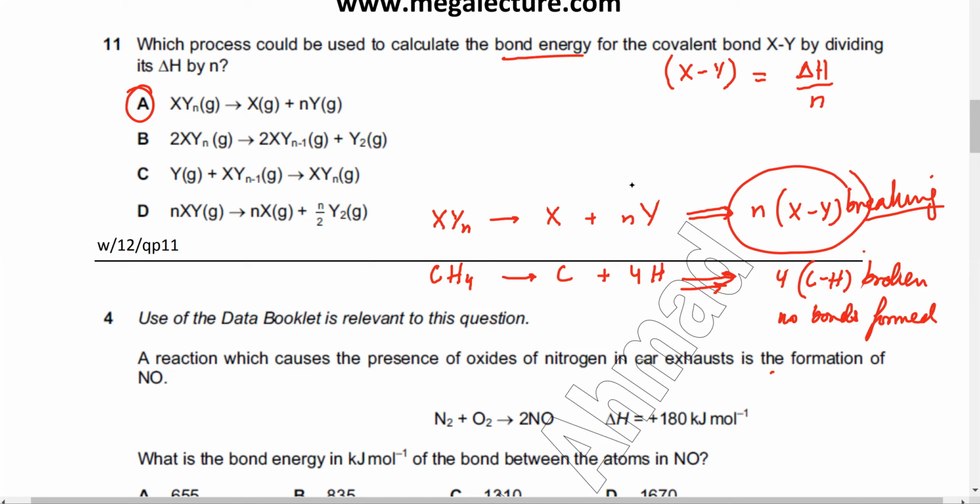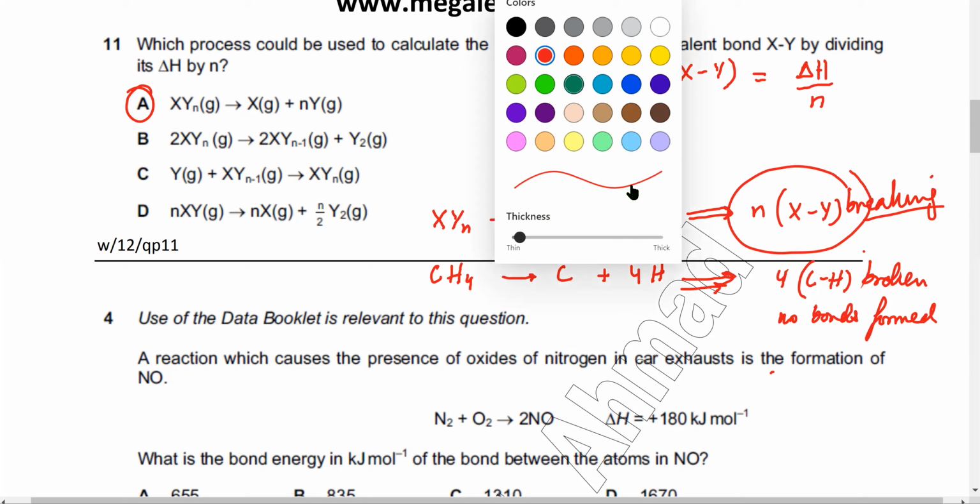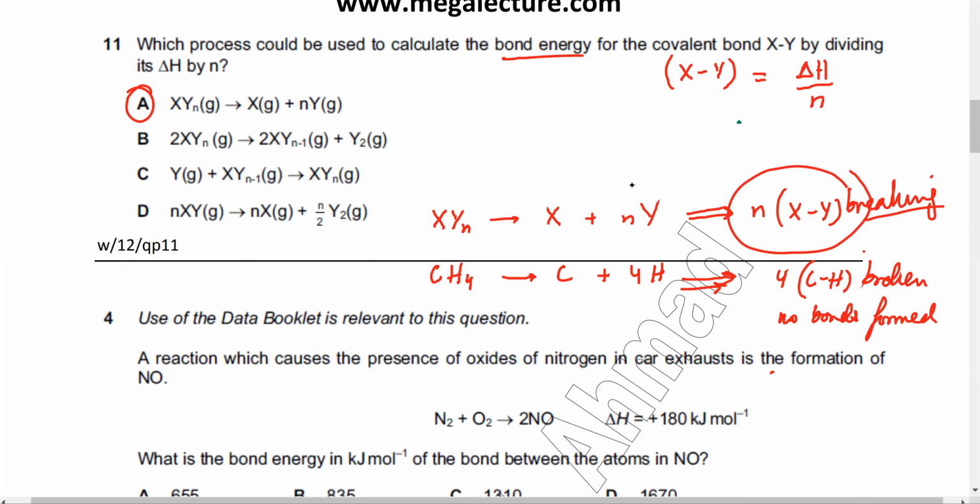So what was the formula for calculating enthalpy change using bond energies? The enthalpy change is basically bond breaking, that's endothermic, that's positive, minus bond formation. This was the formula for enthalpy change.